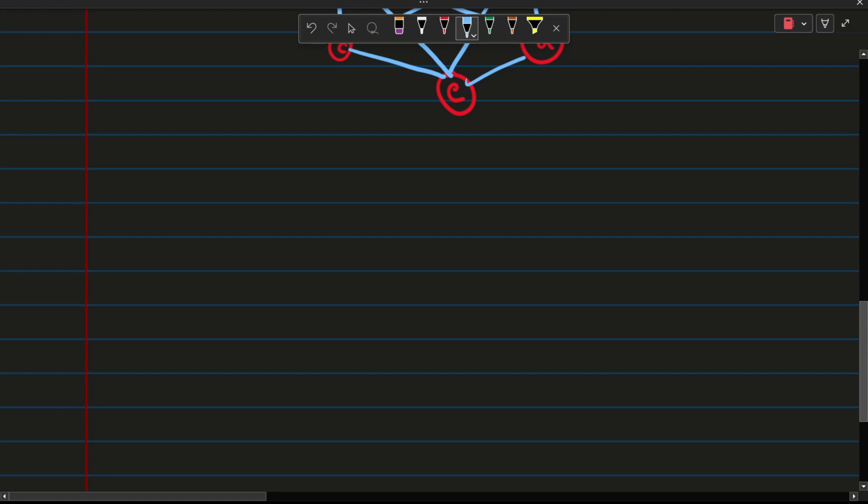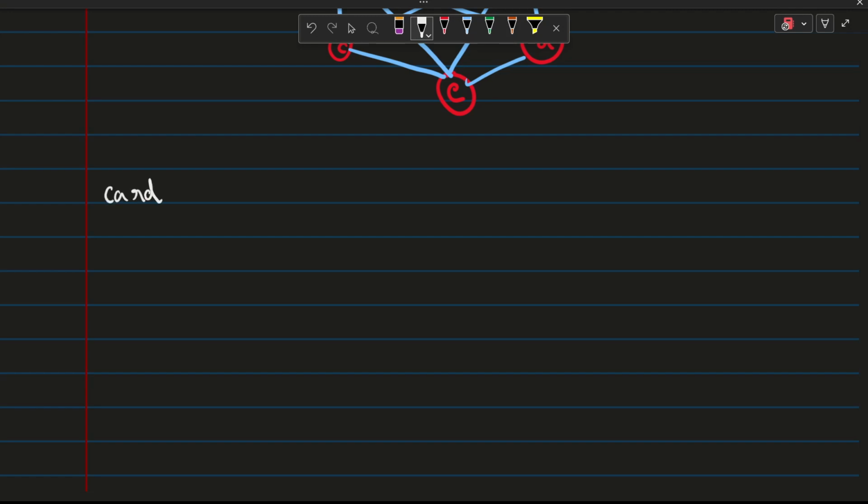So whenever you study graphs, there is something called cardinality. So what is cardinality? Cardinality is just amount, or you can just say number.